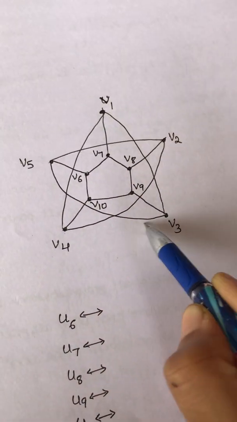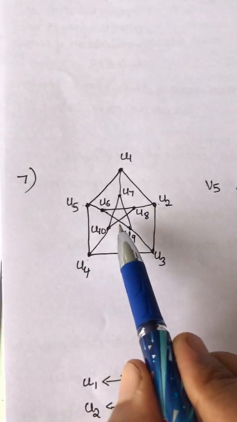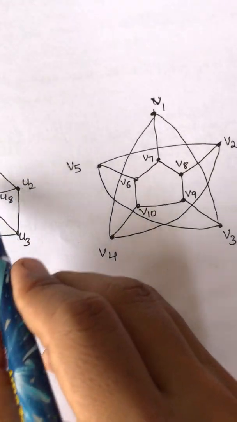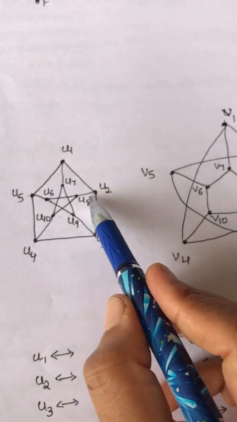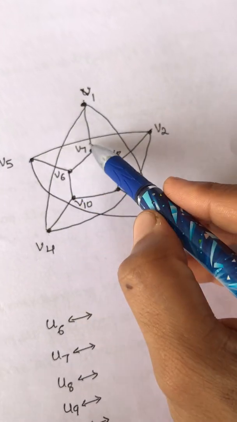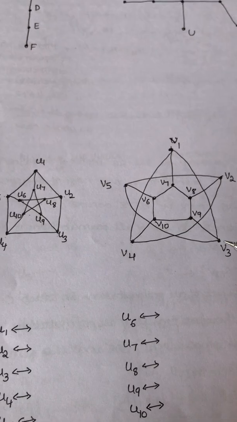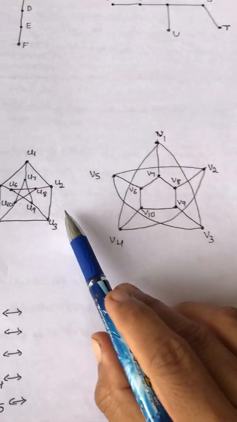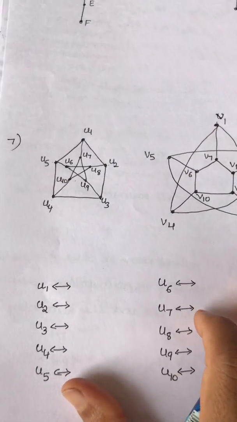That means it is twisted inside out. Whatever is there inside, it is outside here. Whatever is there outside, it is inside here. Then connection between these corner vertices is there in both the graphs. So if we imagine something is there, we are twisting it. So these two graphs seem to be isomorphic.